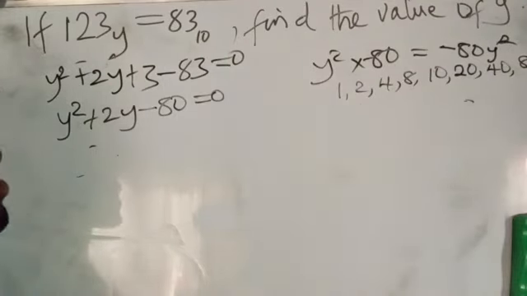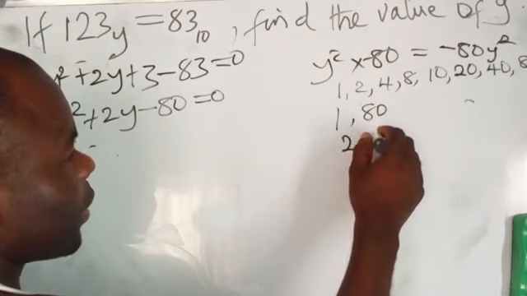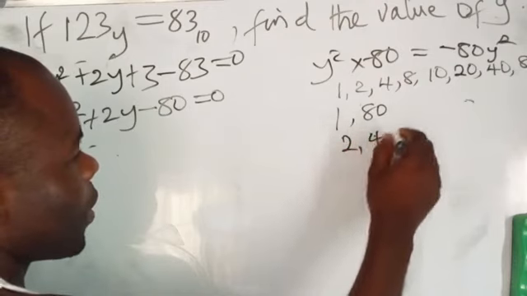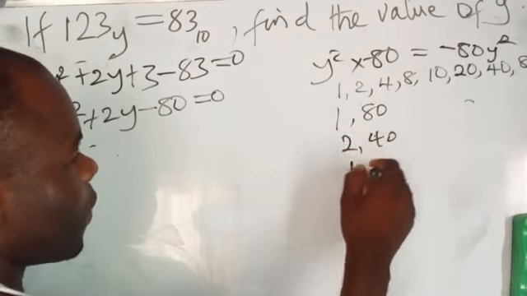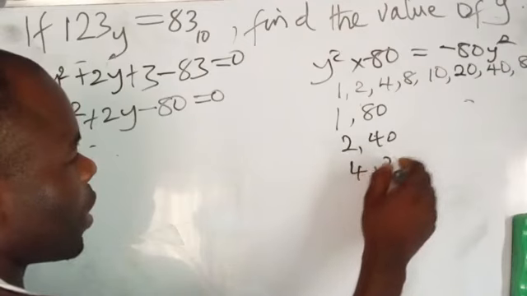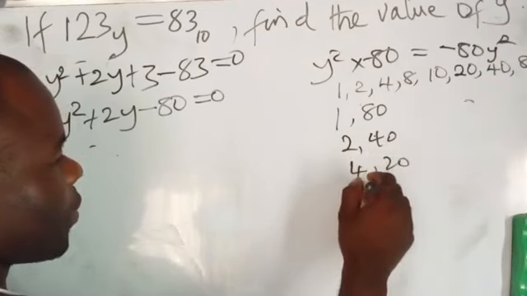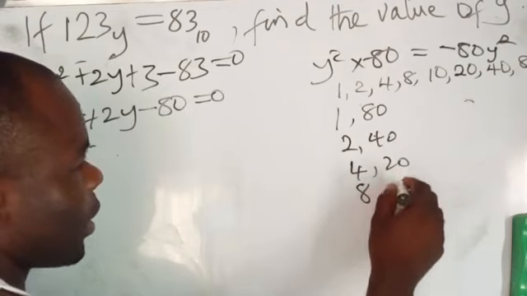Then you pair them. So 1 and 80 will pair, then you have 2 and 40, then 4 and 20, then 8 and 10.